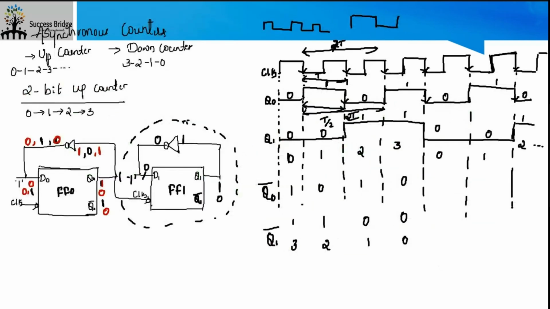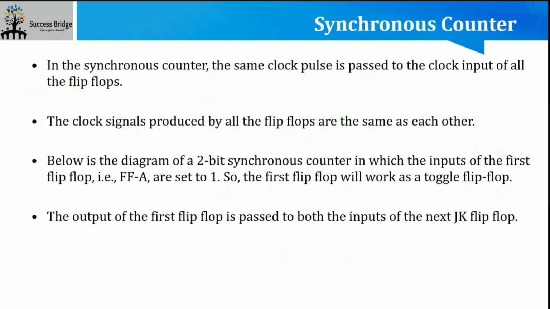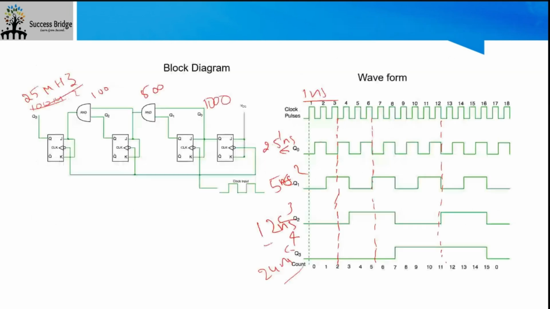So it's a 2-bit synchronous counter in which the two inputs of the first flip-flop FFA are set to 1. So the first flip-flop will work as a toggle flip-flop. The output of the first flip-flop is passed to both the inputs of the next JK flip-flop. I don't know why the JK flip-flop is taken into consideration, but we generally use D flip-flops only, even in real time.